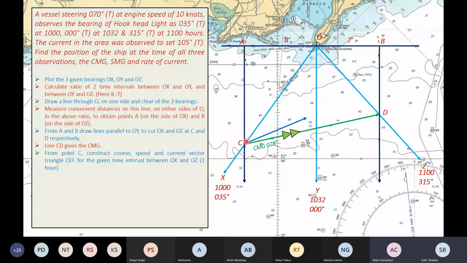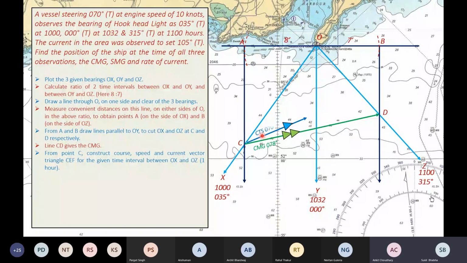We know our CTS, which is given to us in the question, is 070 degrees true. So from point C, I draw my CTS 070 degrees true. Since I am making this for 1 hour, with an engine speed of 10 knots given in the question, in 1 hour I will cover an engine distance of 10 miles.